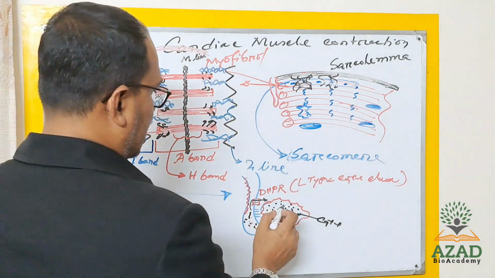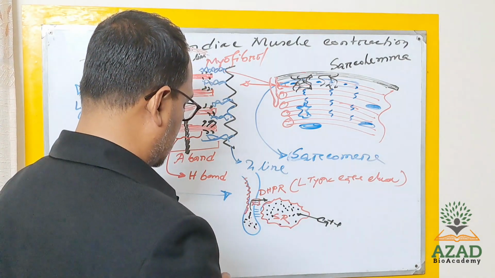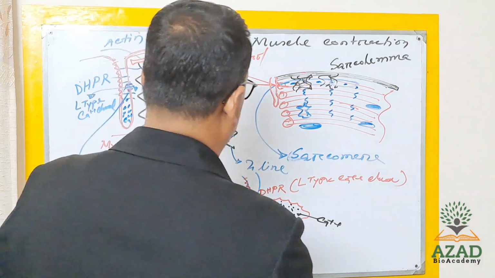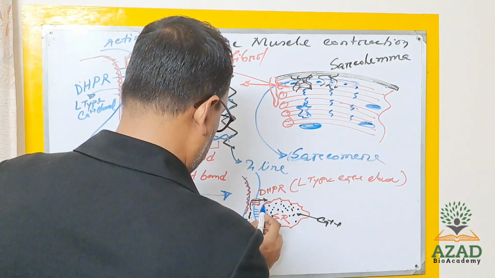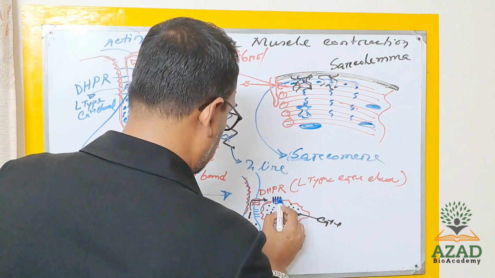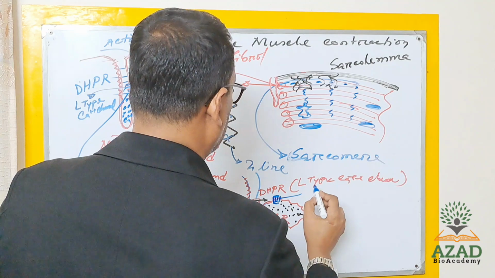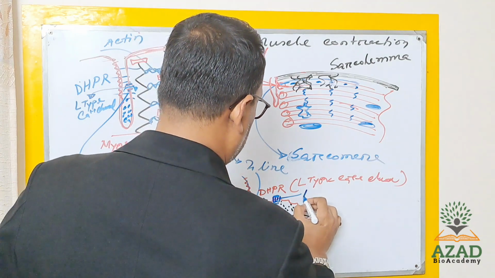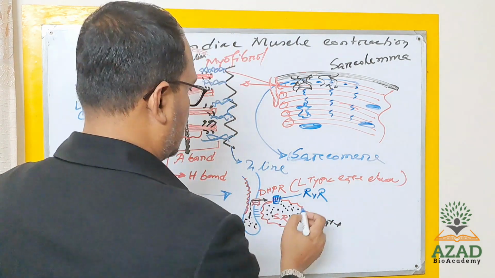The sarcoplasmic reticulum carries a special type of receptor, and this receptor is called the ryanodine receptor, RyR.